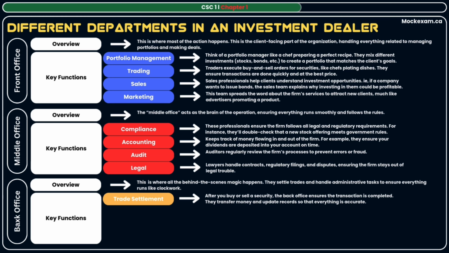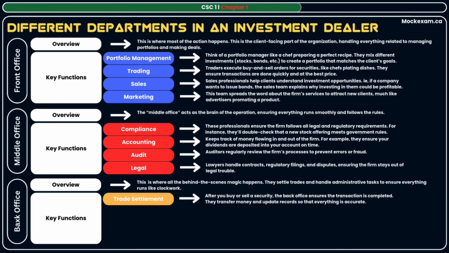But why do these departments matter? The success of an investment dealer depends on how well these three departments work together. The front office generates profits by bringing in clients and closing deals. The middle office ensures those deals are efficient, legal, and secure.